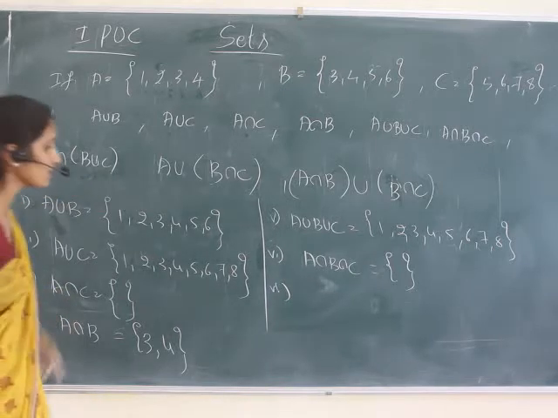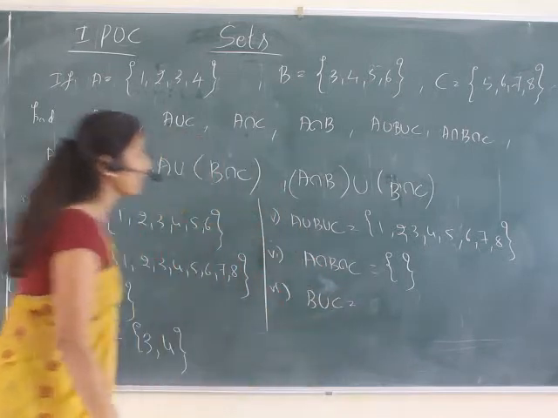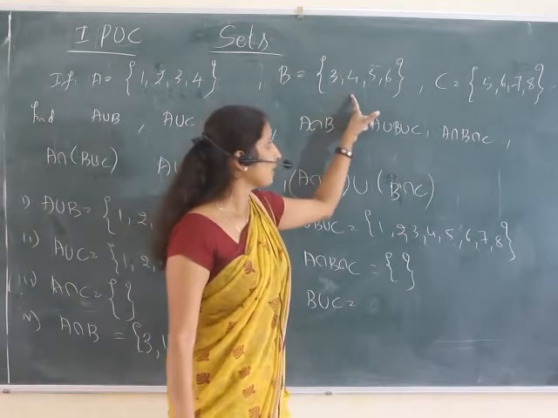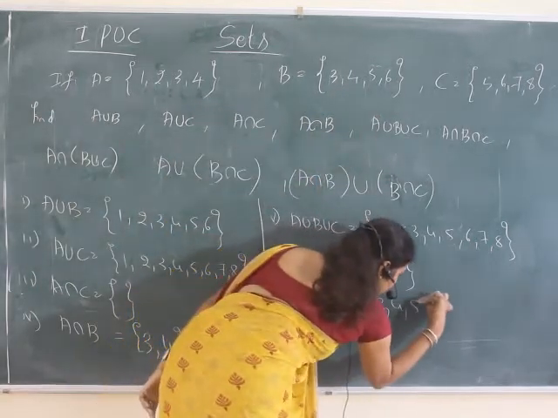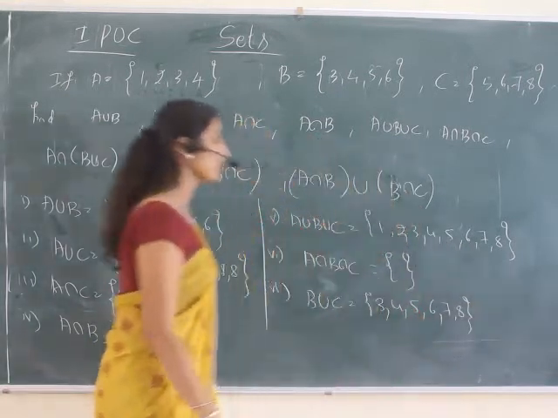So what is B union C? B union C is 3, 4, 5, 6, 7, 8. So this is B union C.